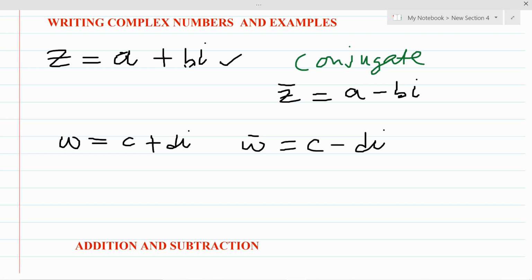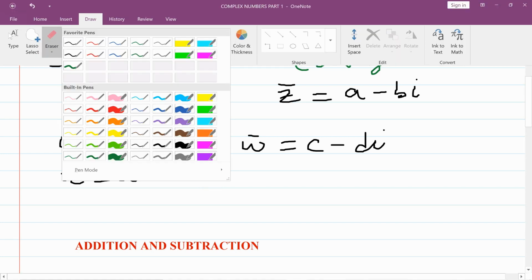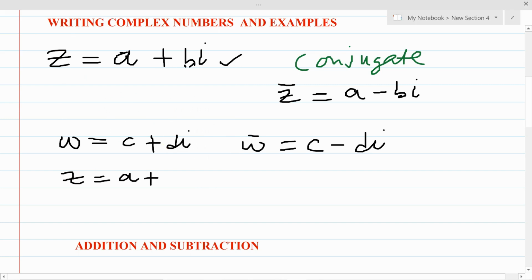So if I have a purely real complex number, something like z equals a, like we did first, then to get its conjugate z bar, we are supposed to negate the sign in front of the imaginary part. Like we said first, for purely real complex numbers, the imaginary aspect is 0.